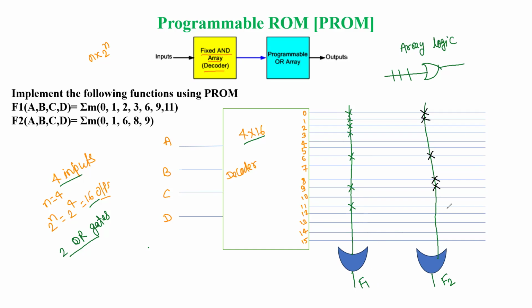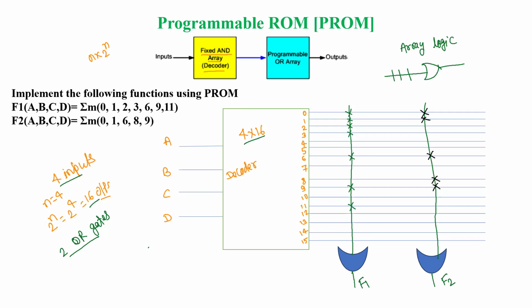The main concept is that the first part is the fixed AND array, or we can use a decoder of the appropriate size. The size of the decoder depends upon how many input variables there are. In our case, we have taken an example of 4 input variables, so the decoder size is 4 cross 16. The second part of this PROM is the programmable one. This OR array is programmable, so that's why we are giving the connections with the help of array logic.